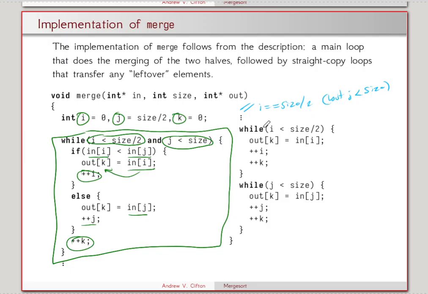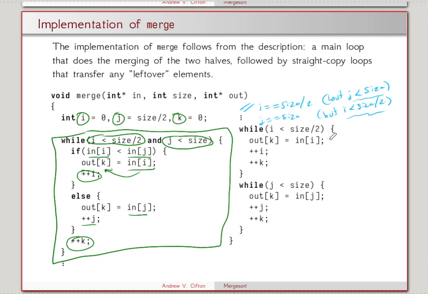In other words, there's still one thing left over on j's side. Or I know that j is equal to size, but that means that i is still less than size over 2. So either there's something left on j's side, or there's something left on i's side. Never both, right? We never have stuff left over on both sides, because then we would have merged it already in the other loop.